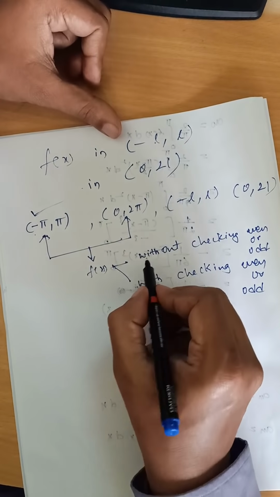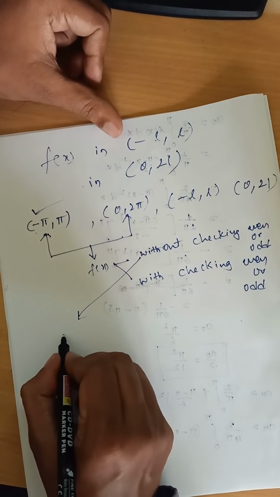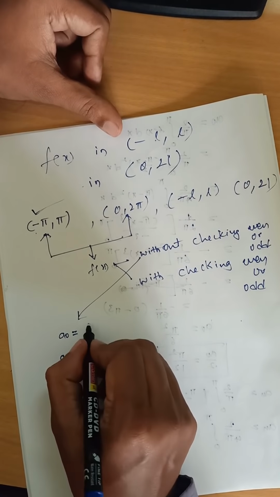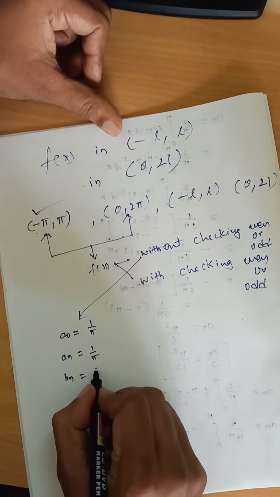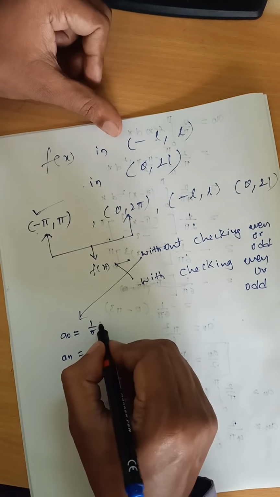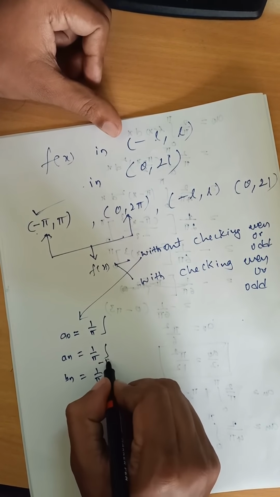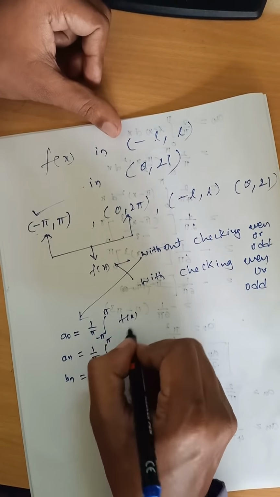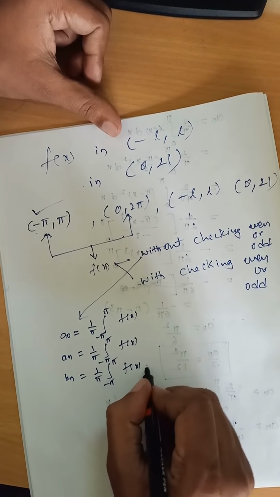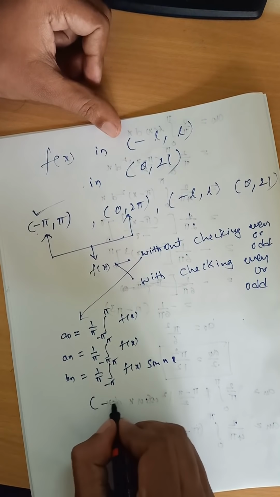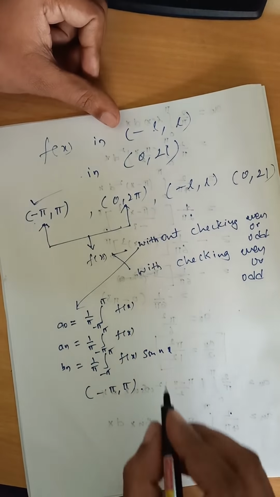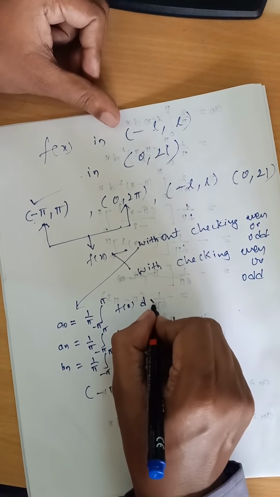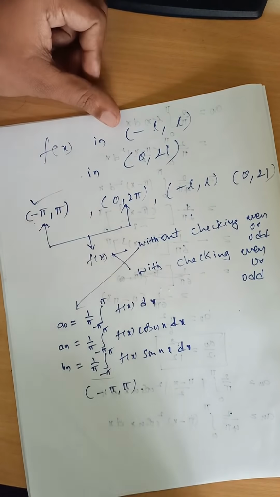Without checking means we find all a0, an, bn using the formula 1 by pi integral minus pi to plus pi of f of x, with cos nx and sin nx, dx. So these are the formulas for minus pi, comma plus pi.